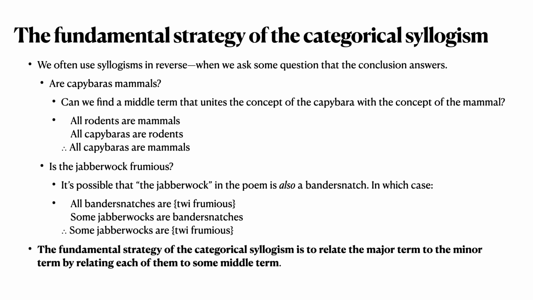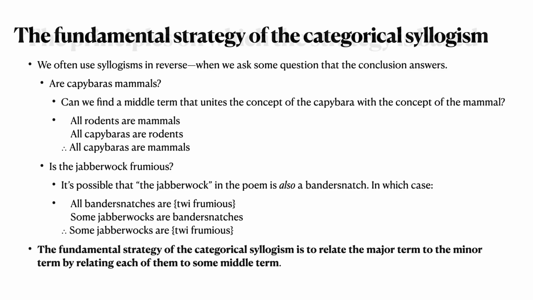Whether that's a real thing like rodents, or an imaginary thing like bandersnatches, either way, the category will work if the form is correct, right? Comparing two things to each other, or relating two things to each other by relating them to something that they can each be related to in common.